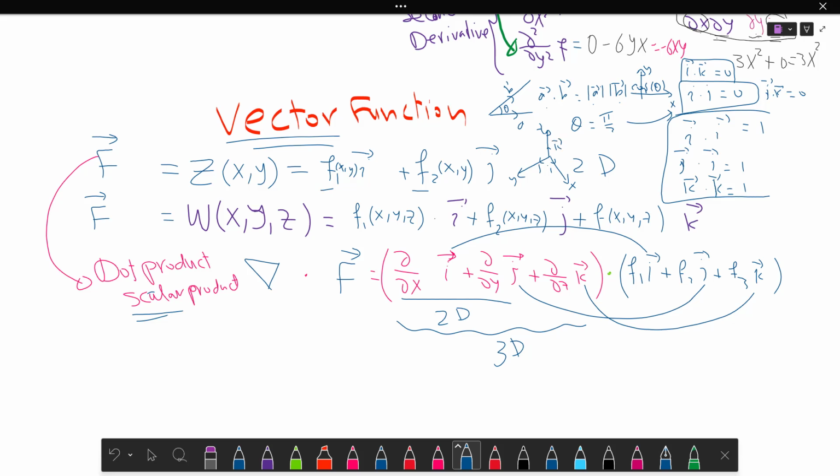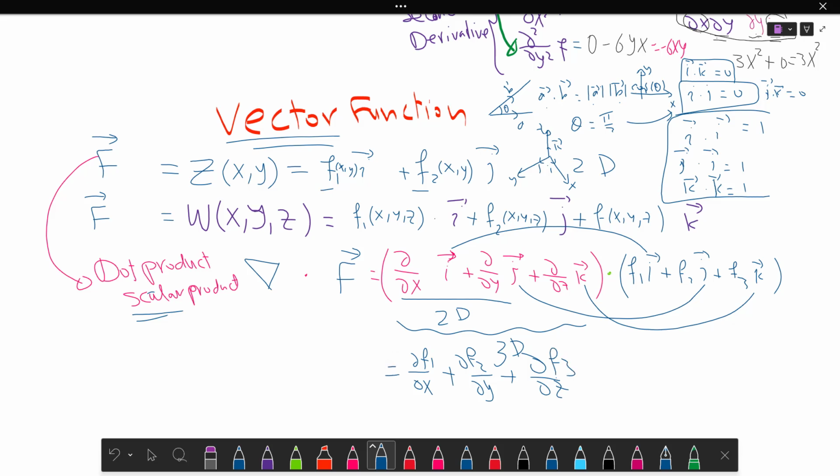Now you know how to find the multiplication here. It will be partial by partial x for the first component, plus partial by partial y for the second component, plus partial by partial z for the third component, right?